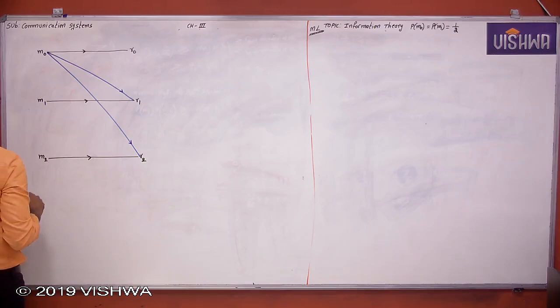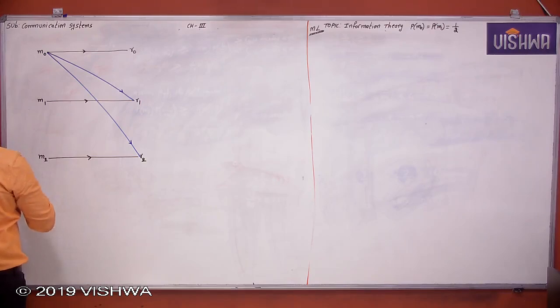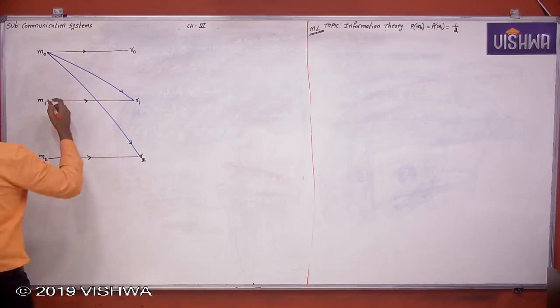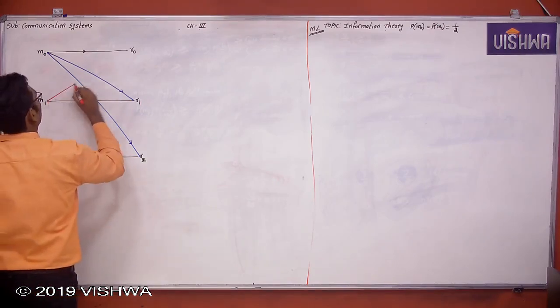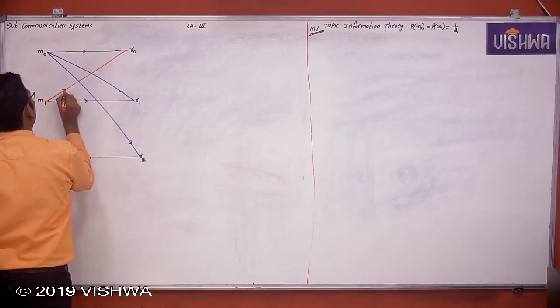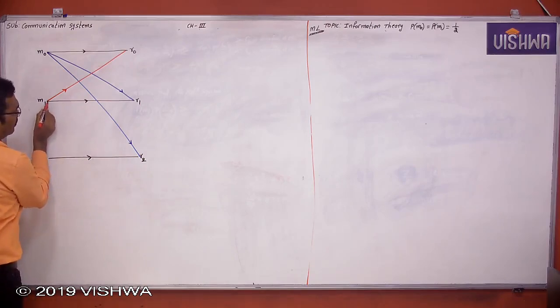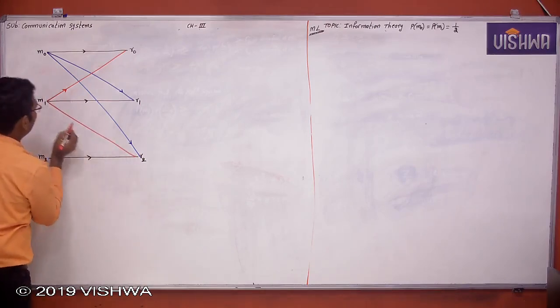And when M1 is transmitted, R1 is received. When M1 is transmitted, R0 is received. When M1 is transmitted, R2 is received.